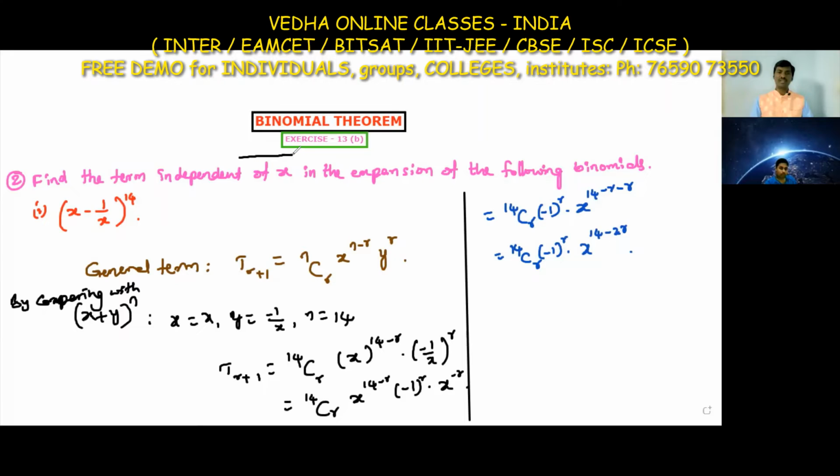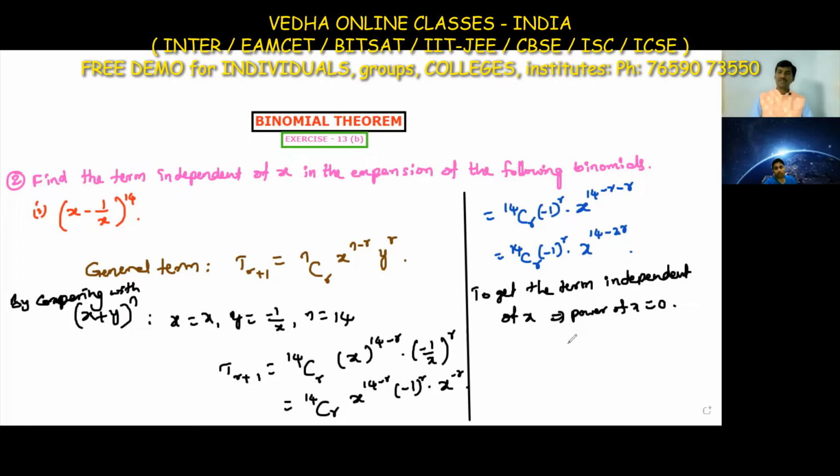To get the term independent of x, the power of x must be equal to 0.